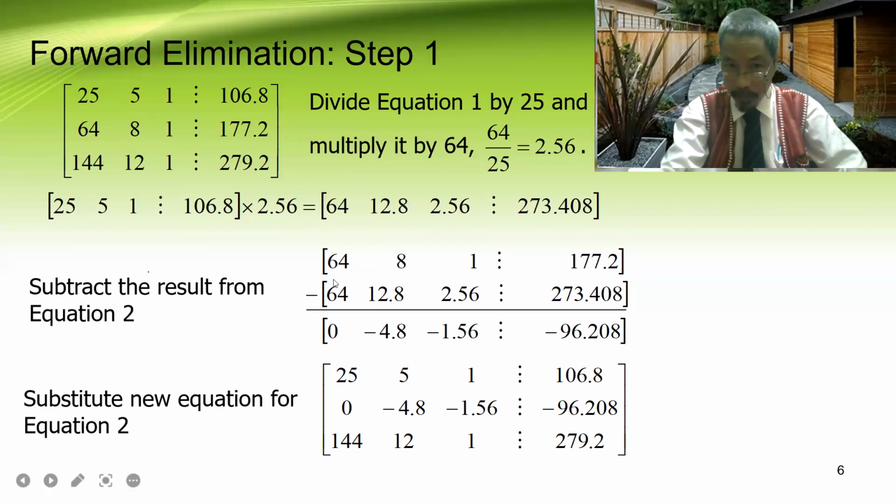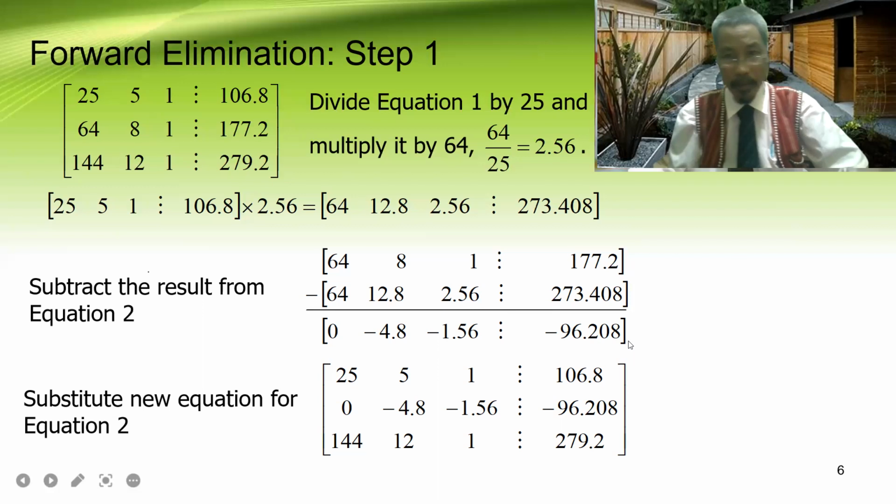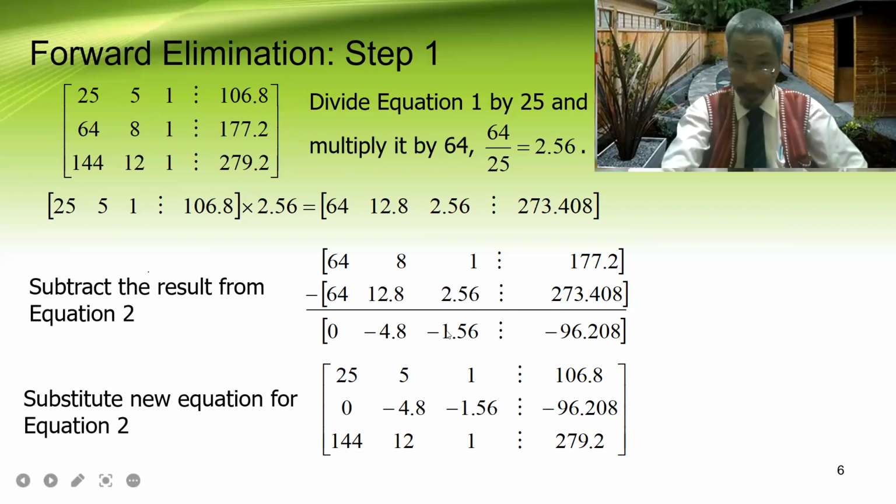So subtract: 64 minus 64, 0. 8 minus 12.8, negative. 1 minus 2.56 is negative. 177.2 minus 270.4 is negative. Okay? Verify this is correct. This should be correct. This is greater, so it is also negative. Okay, so 3 minus 7, that is 6.